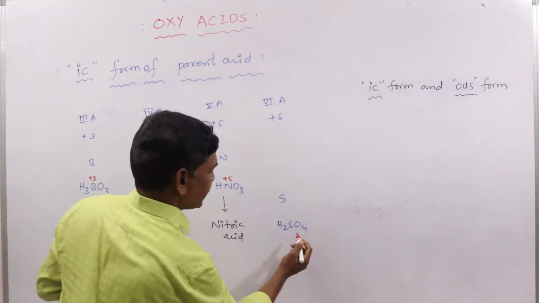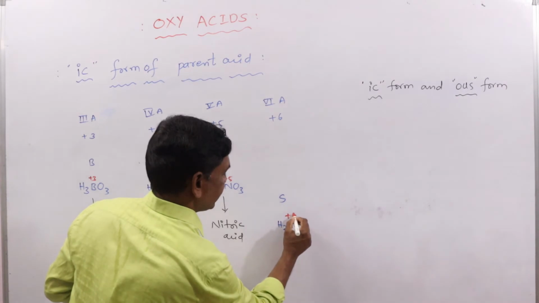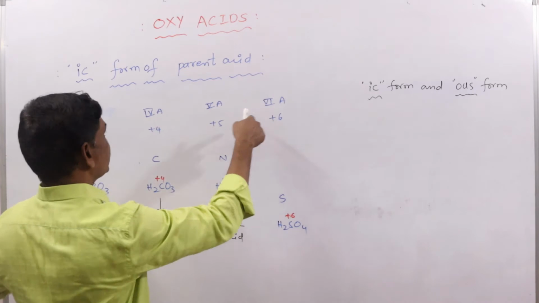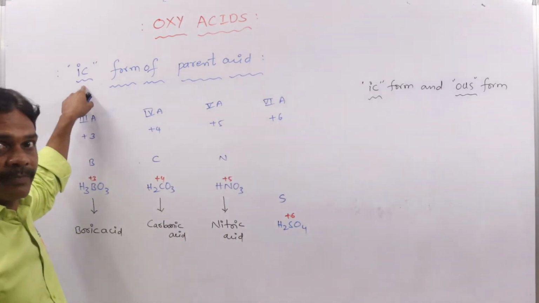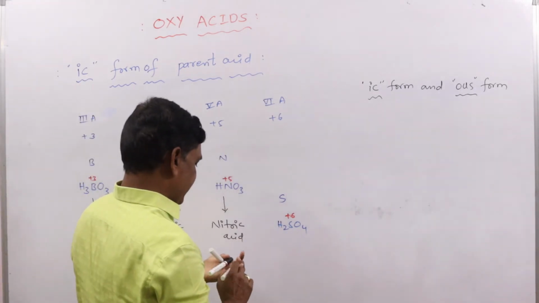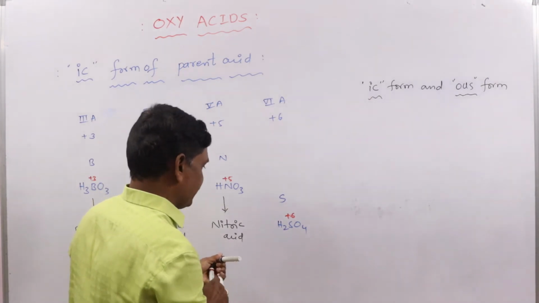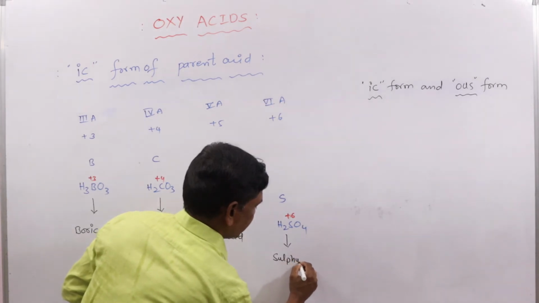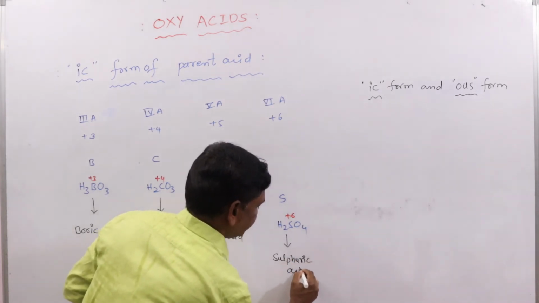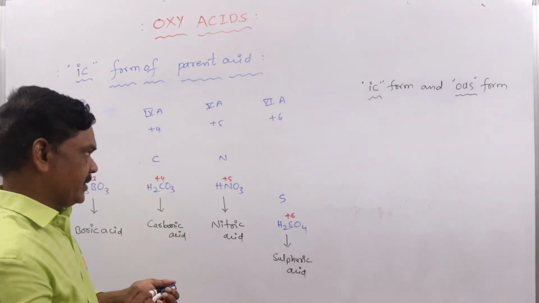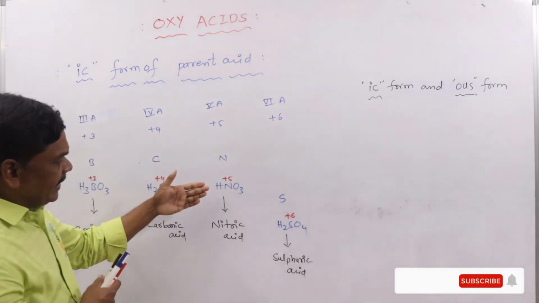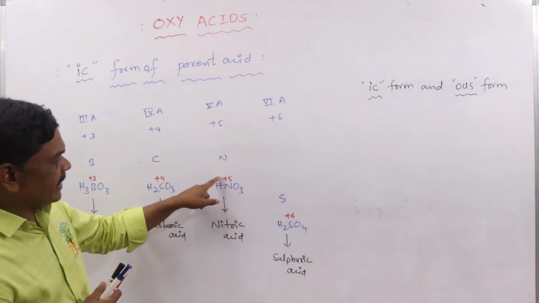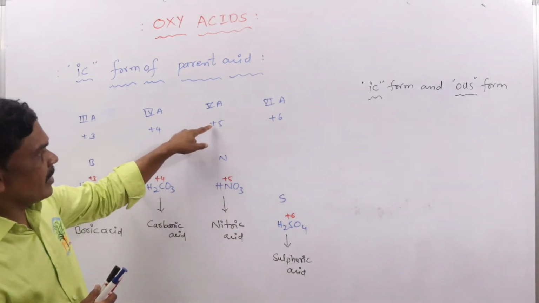In this, the oxidation state of sulfur is +6, which is equal to the maximum oxidation state. So it is said to be the ic form. The name of this H2SO4 is sulfuric acid.